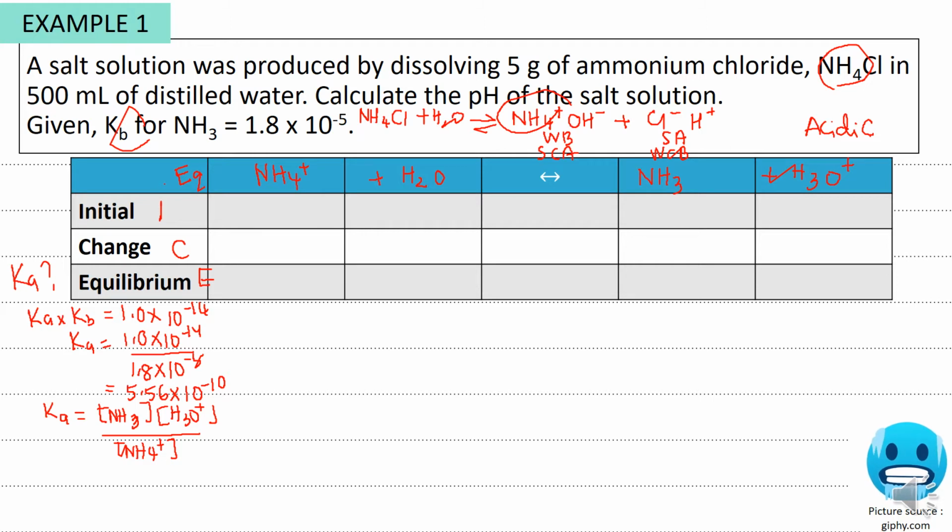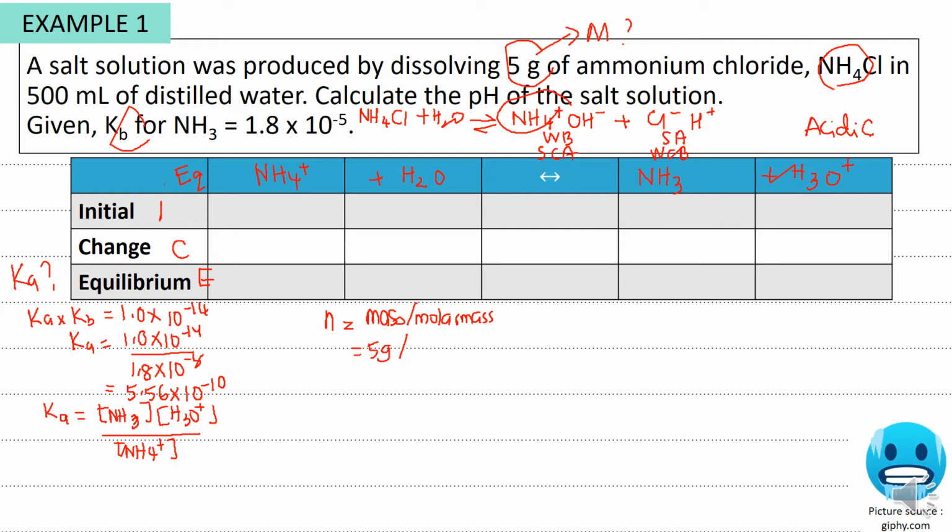So how to find it? Same formula. n is mole. What is mole? Mole is mass over molar mass. So the mass is 5 gram divided by 53.5 gram per mole.